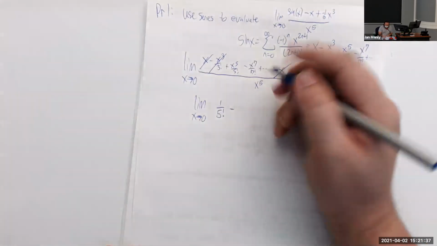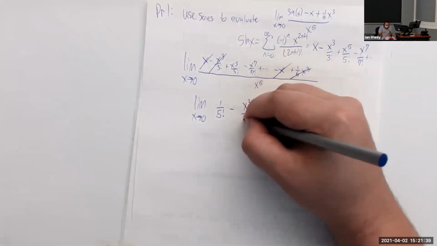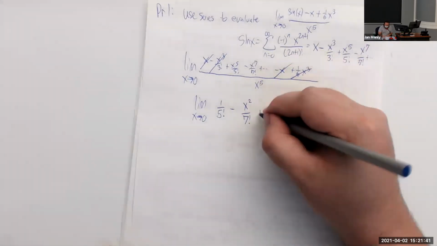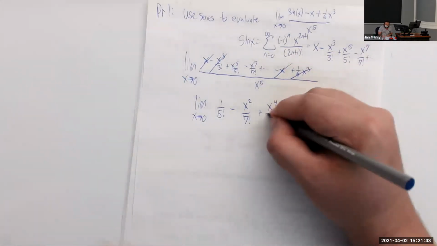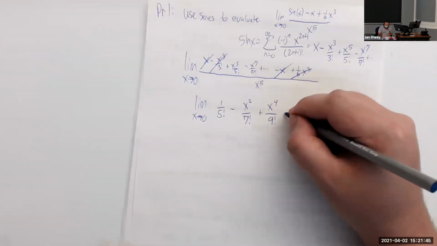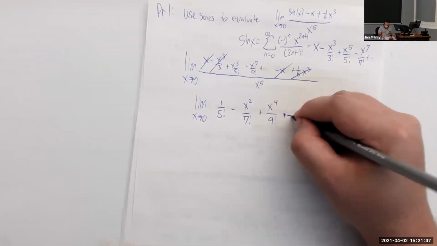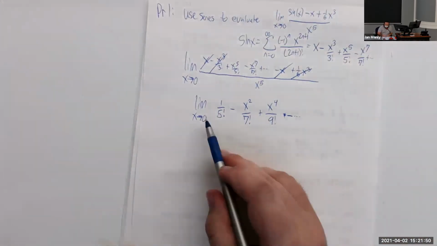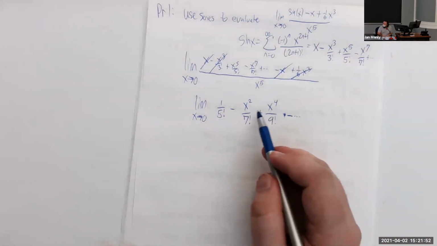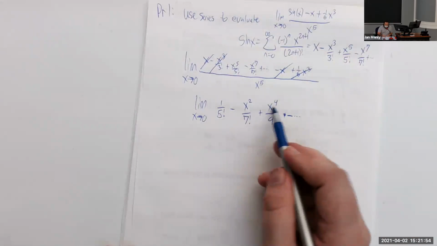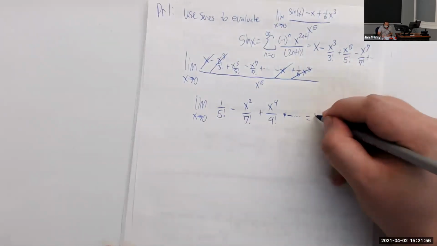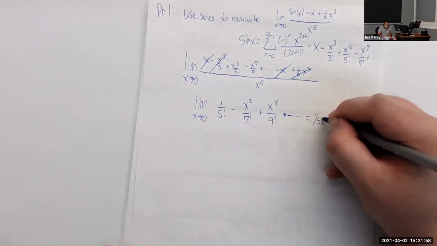And then x to the 7th over x to the 5th leaves us with x squared over 7 factorial. The next one would be x to the 4th over 9 factorial, with a minus, et cetera. If we send all of these to 0, all of the terms with x in them go to 0, and we just end up with 1 over 5 factorial, which apparently isn't an answer.